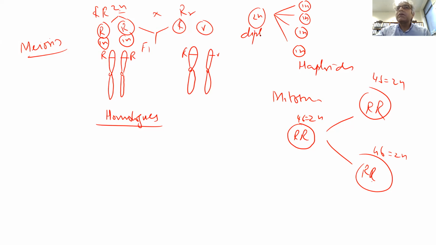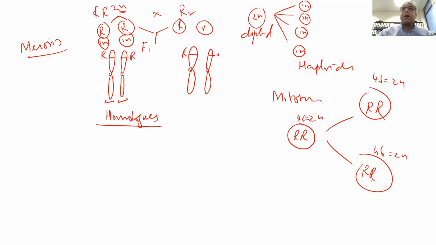This was diploid. So what Mendel was predicting when he said only half of the factor can be contributed in the progeny by each parent, he was discovering unknowingly that chromosomes exist in pairs, and at the time of meiosis, chromosomes are going to go to opposite poles.